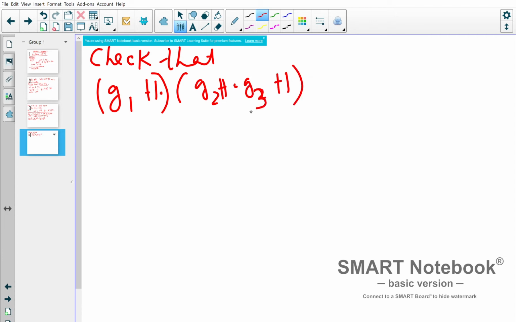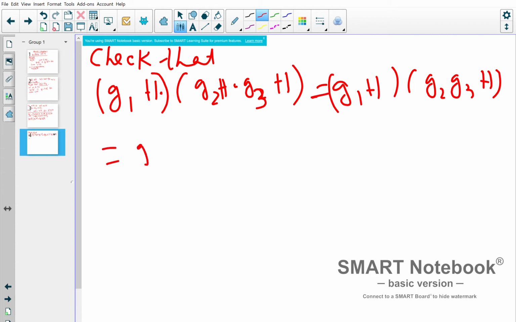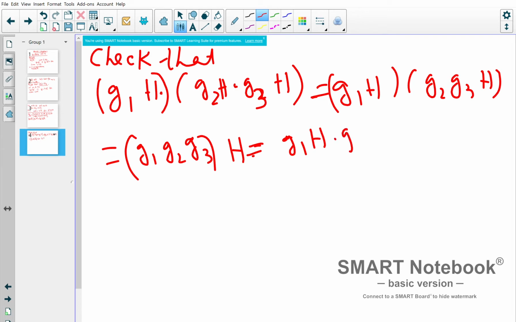First you do G1H times G2 G3 H, and then it is G1 G2 G3 H, which you can write down as G1H dot G2H of G3H.